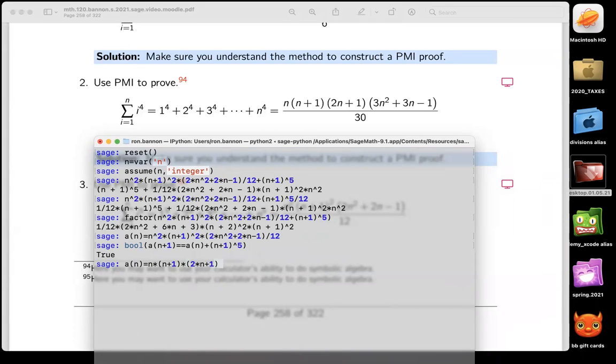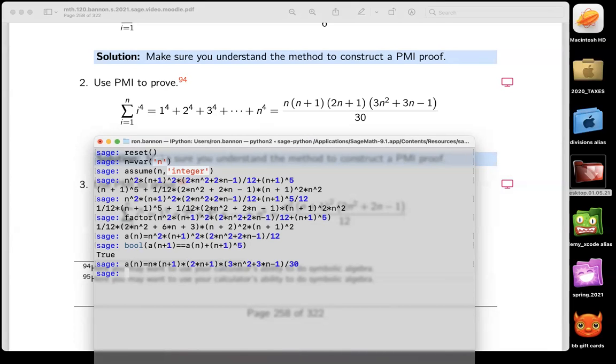I'm just copying what I'm seeing in my notes. Star 3 star n squared plus 3 star n. If I make a mistake, I'll know that. Divide by 30. All right, that's what an is.